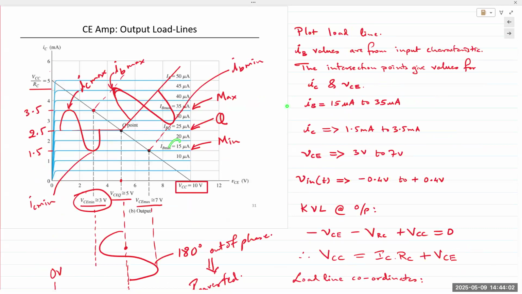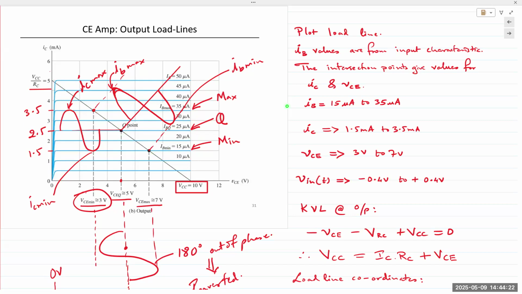And so they are right here, 15 microamps, 25, and 35. So where the output load line is intersecting all of these curves, we are only interested in these 3 points.